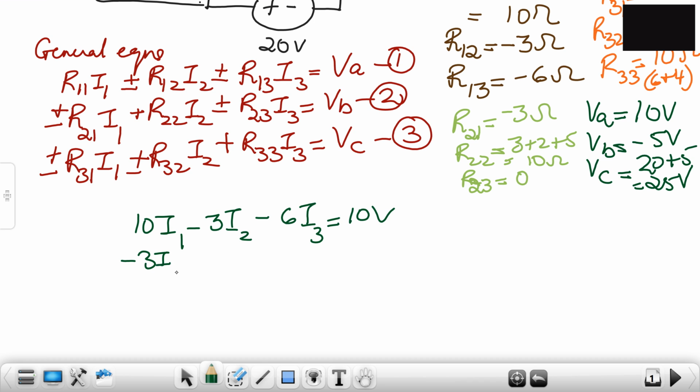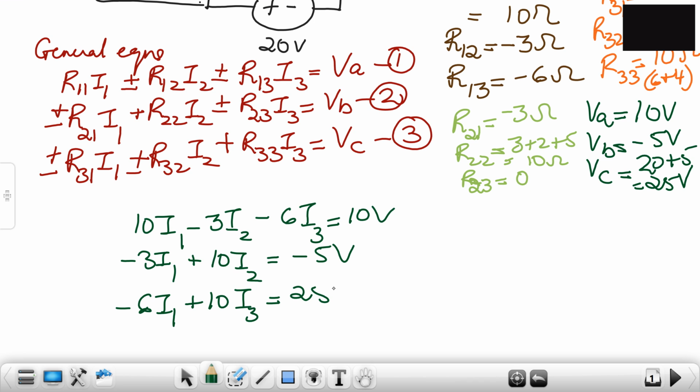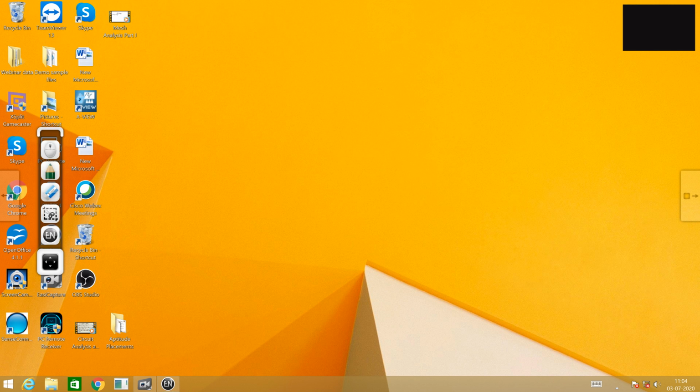Minus 3 I1 plus 10 I2 is equal to minus 5 volts. And minus 6 I1 plus 10 I3 is equal to 25 volts. This is how you solve the mesh equations by inspection method.